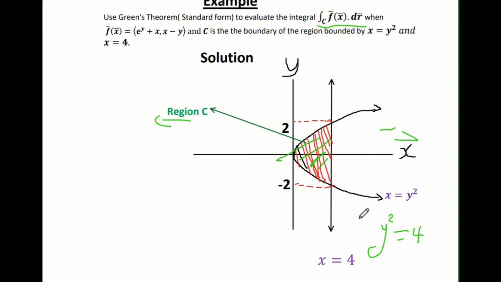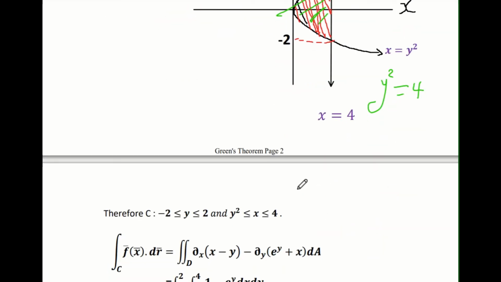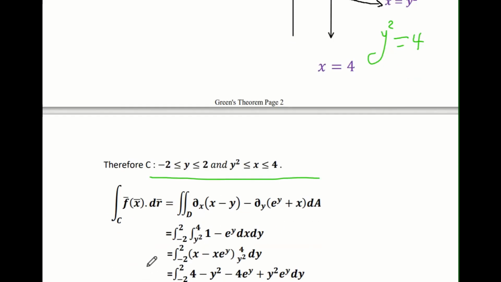So x moves from y squared to 4, and these are the integration limits for the region: x is from y squared to 4 and y is from minus 2 to 2. With that said, we get into the answer.